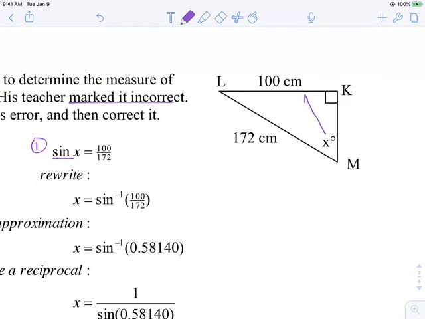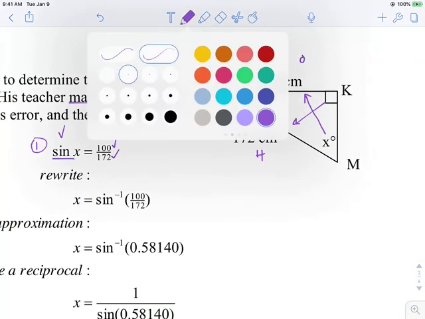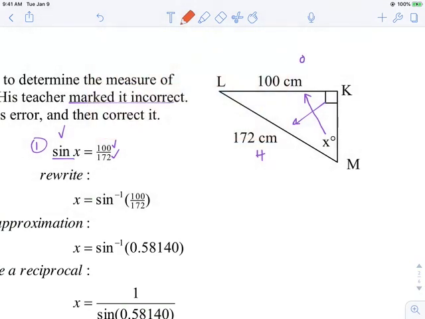Well, opposite, hypotenuse, so that means he did use sine. Opposite is 100. Hypotenuse is 172. So that's good. Then they said rewrite, because to find the angle x, you need to use sine inverse. So he used sine inverse.